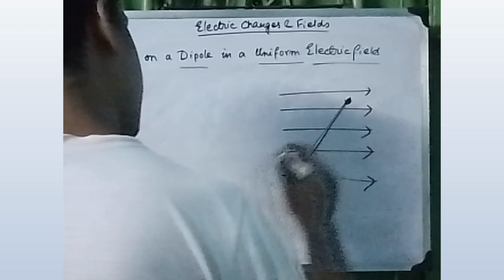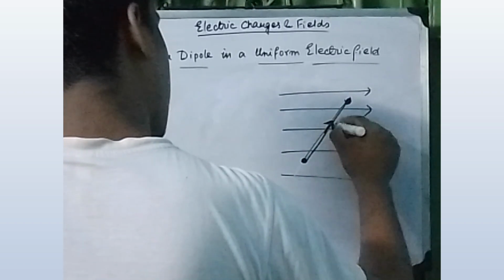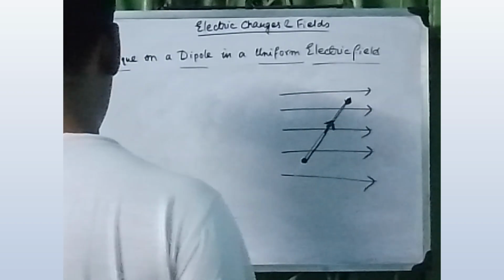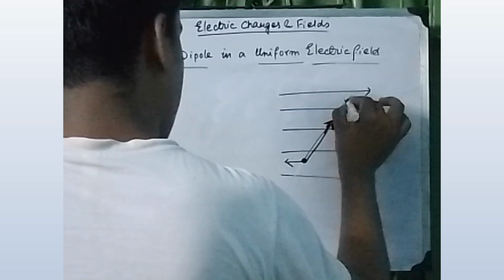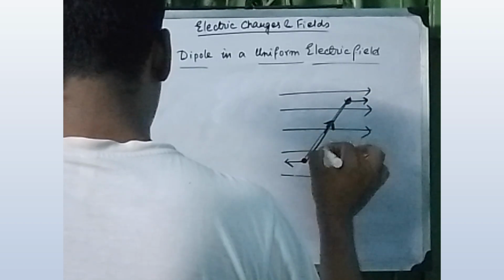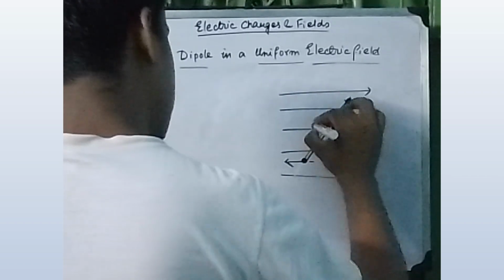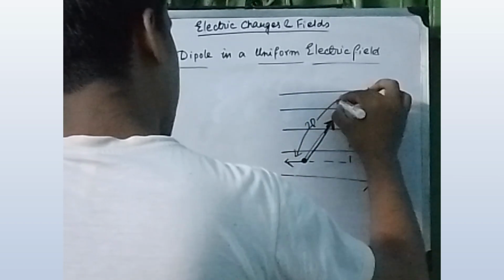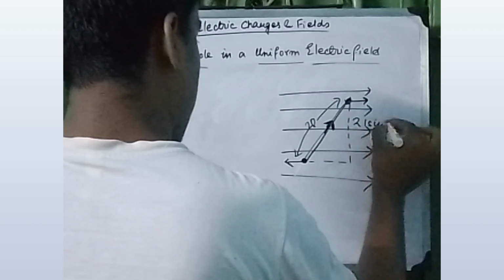We will take 2 points as given in the figure. We will mark the middle portion as P, the moment of the dipole. Then we will show the direction of the 2 points taken in the diagram, and then we will join the 2 points, which will geometrically form a triangle.